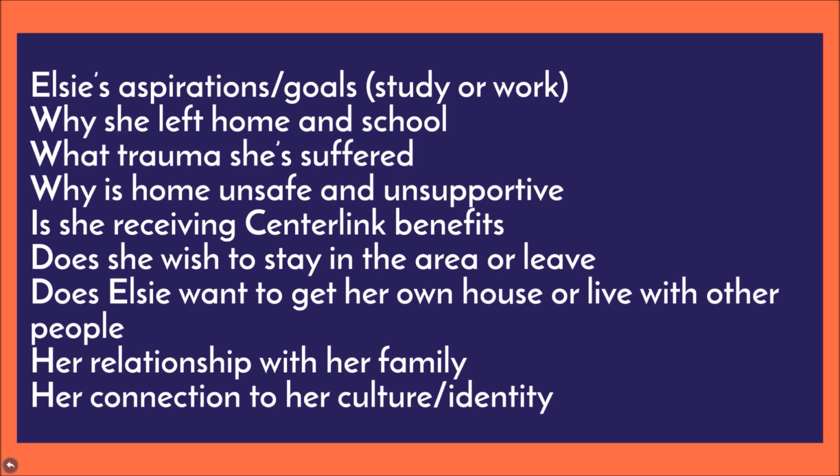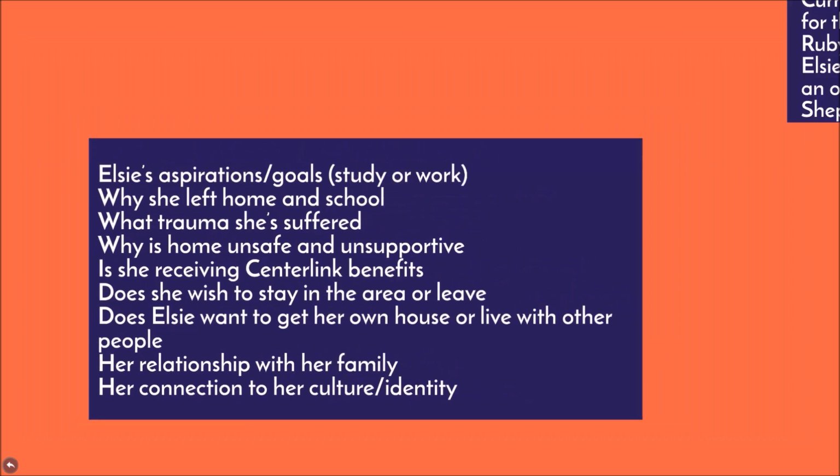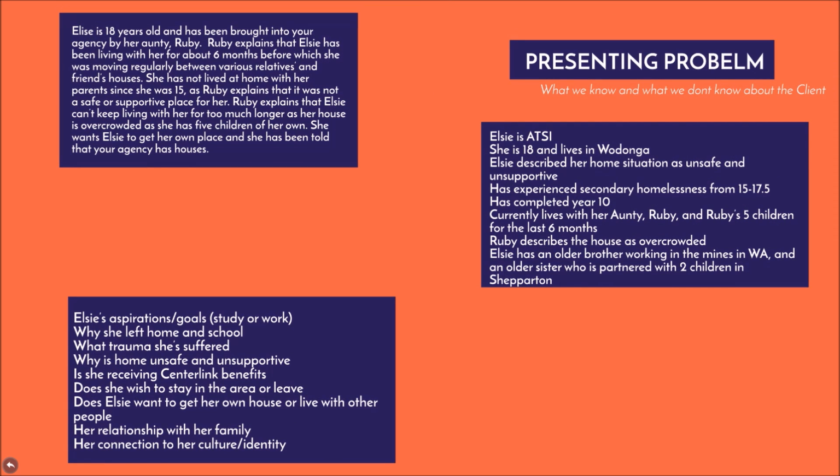Does Elsie want to get her own house, or does she want to live with other people, which is an important question when assessing her housing situation. We don't understand her relationship with her family, and we're not sure about her connection to her culture and her identity. So when working with this client, it's also important to consider other areas that may be of importance.